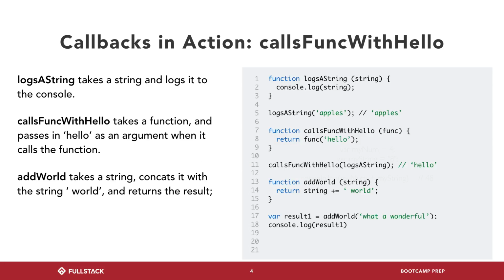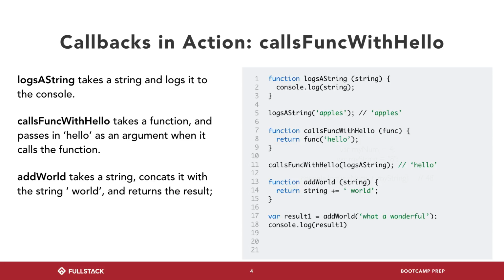A new function called add world takes a string, and we return whatever string we give it plus space world. Now if we say result1 equals add world, what a wonderful, what do we get when we log line 18?